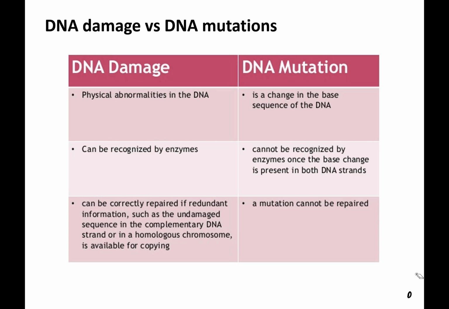All right, so this lecture is on chapter 18, just the first section, so 18.1. Just talking a little bit about DNA damage and mutations. So DNA damage happens all the time. About 1 million times a day, your cells have some DNA damage. It can be physical changes.